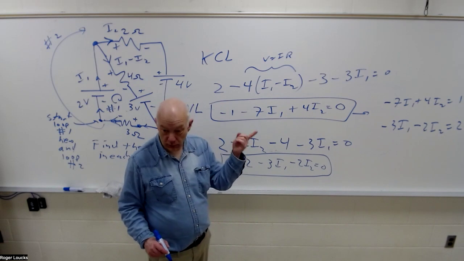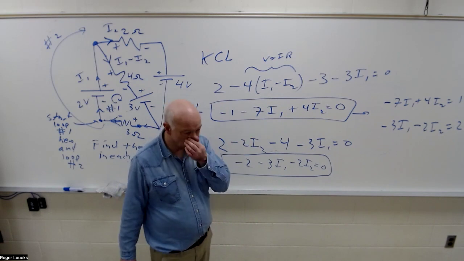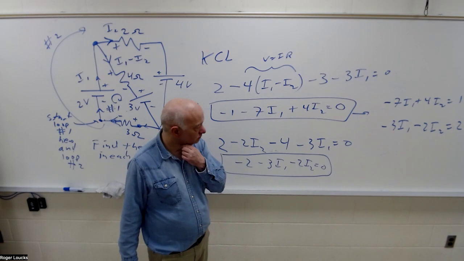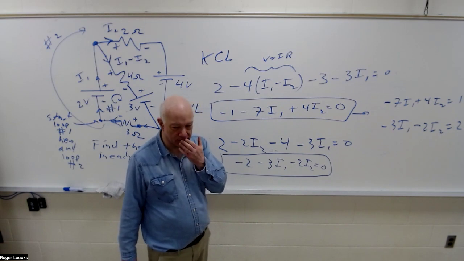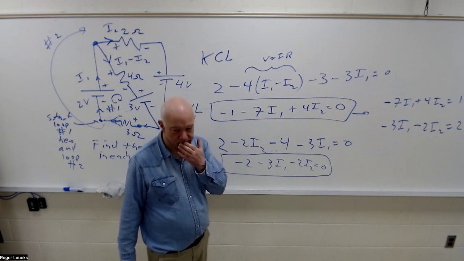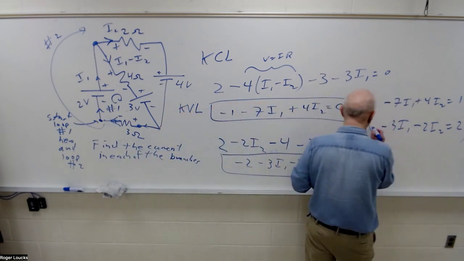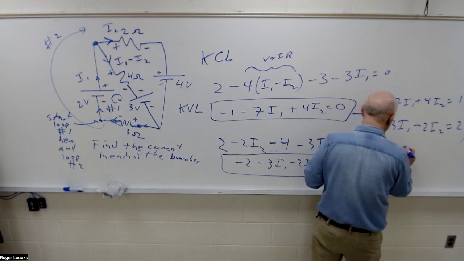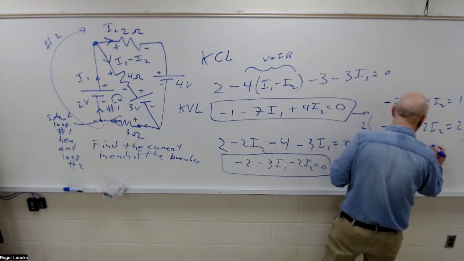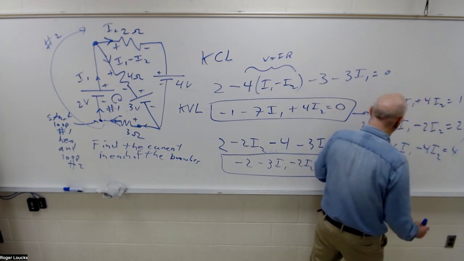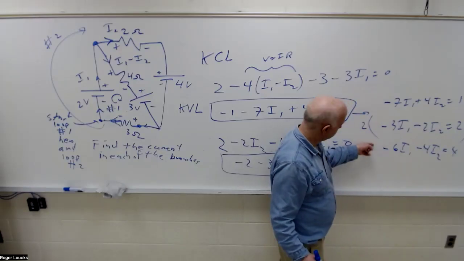I could solve for one variable, put in the other, or I do something before I add it though. I take this equation here, I multiply by 2. Then that would give me minus 6I1 plus 4I2 equal to 4. And then I'd add these 2 together.